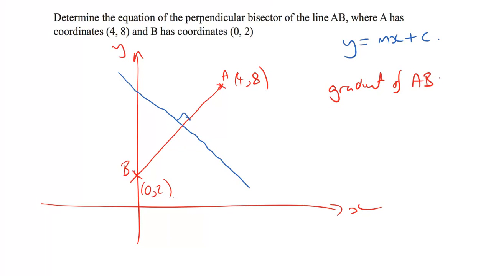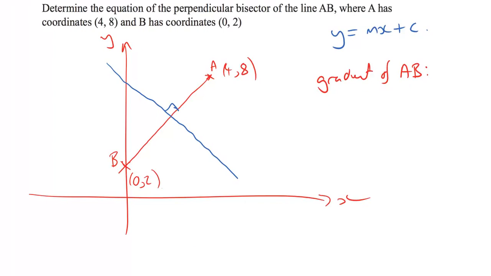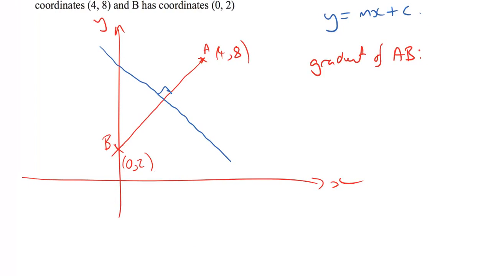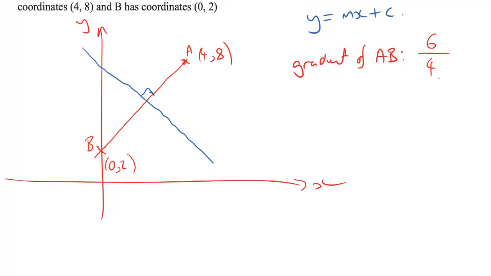That is going to be the change in y between the 2 points divided by the change in x, the rise over run. If we look at those y coordinates, from 2 to 8 is a change of 6. So change in y is 6, and from 0 to 4 is a change of 4. So our gradient of AB is 6 divided by 4. Let's write it as 3 over 2.